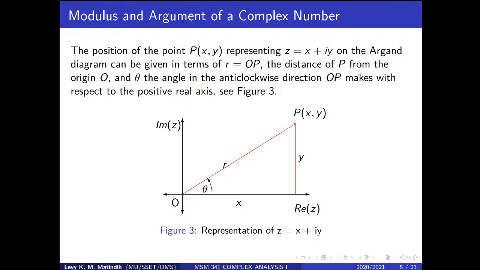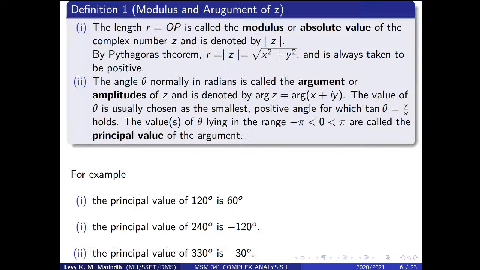From trigonometry, you can find the angle theta by using the imaginary part and the real part, by taking the tangent of theta, which is equal to the opposite over the adjacent. Our adjacent is x and the opposite is y, and then you solve for the argument, which is theta.